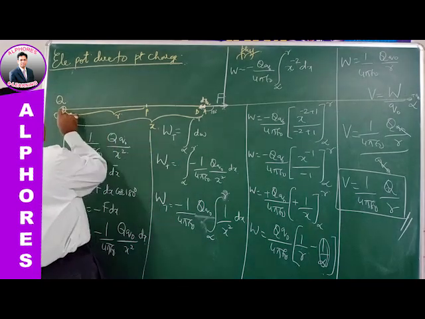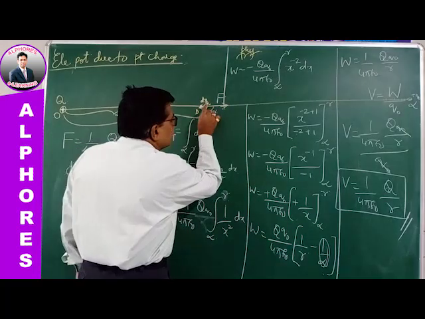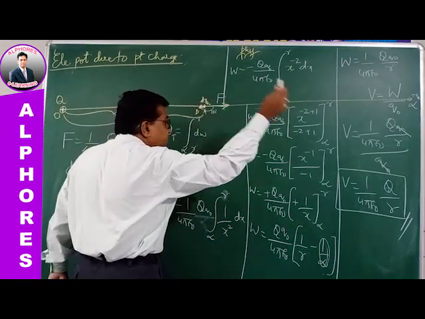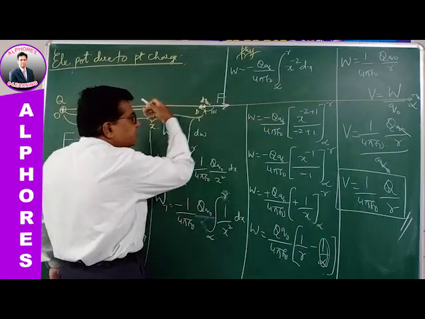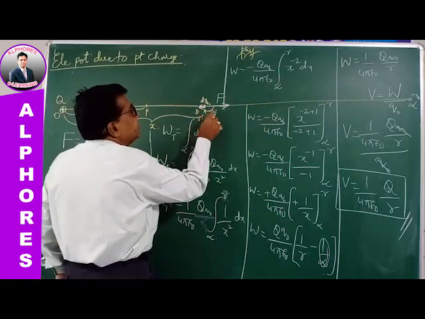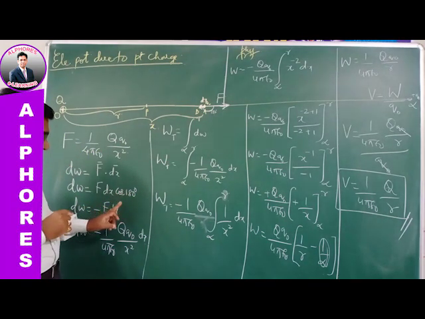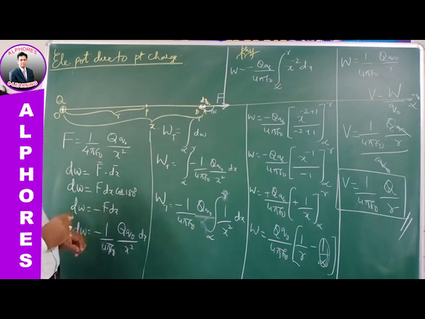Now, this positive charge is repelling our test charge, so the force is one of repulsion. But I am moving it against the force, from infinity to this point. So the angle is 180 degrees. F dx cos 180, and we know cos 180 is minus 1. So work done is minus F dx.